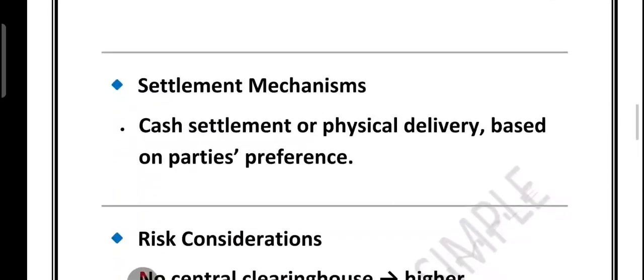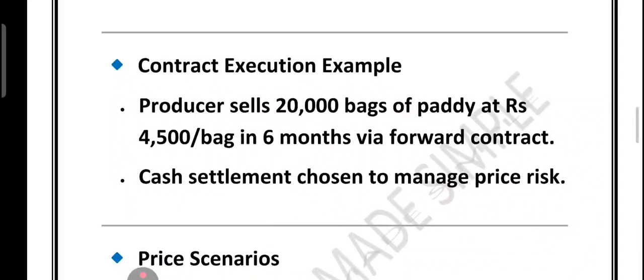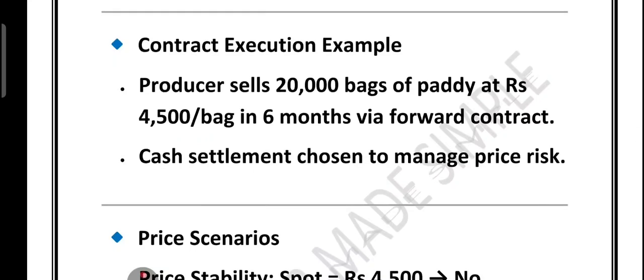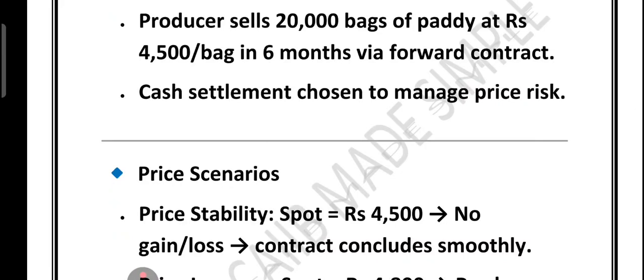Please note it down. Now let's look at one example of contract execution. Imagine a farmer selling 20,000 bags of paddy at 4,500 rupees per bag, 6 months from now, through a forward contract. They choose cash settlement, meaning instead of delivering the paddy physically, the price difference is settled in cash to manage the price risk.